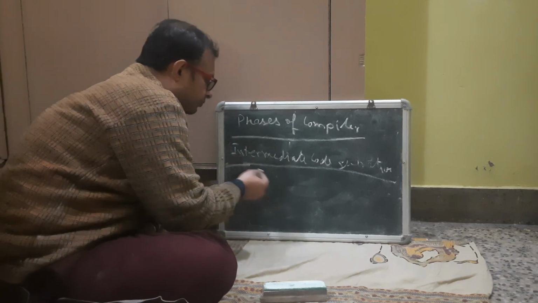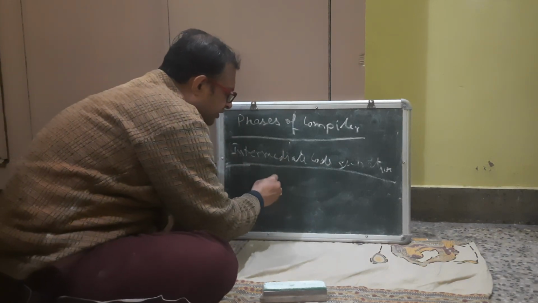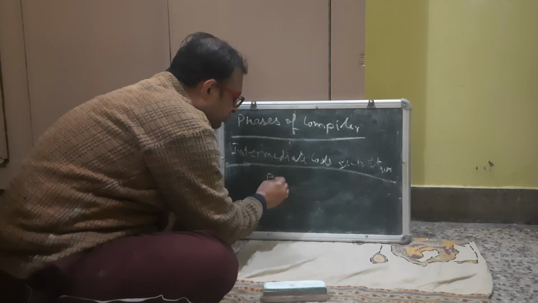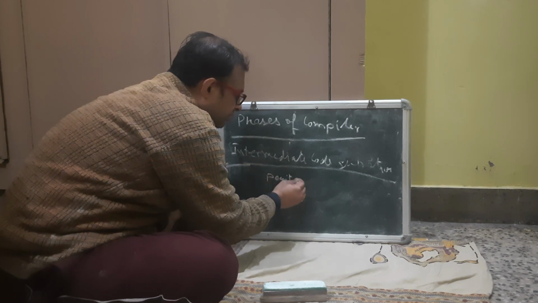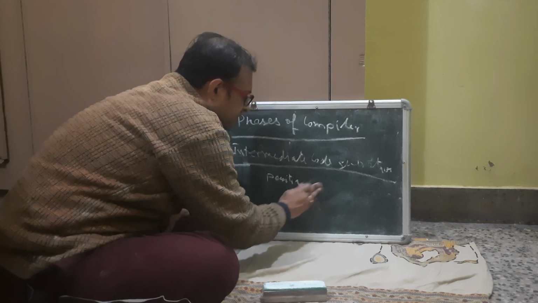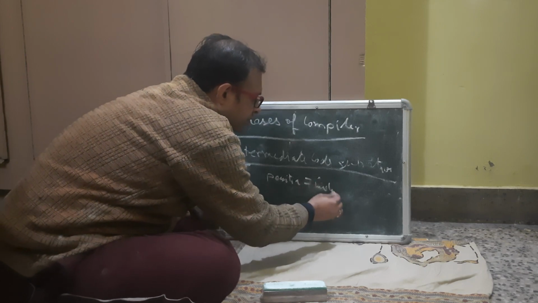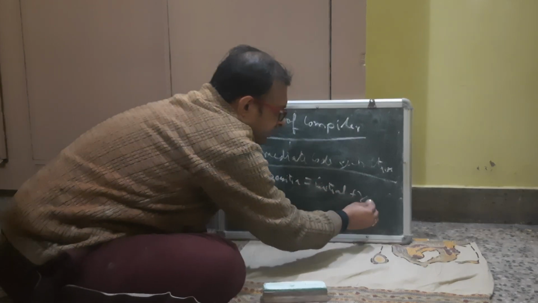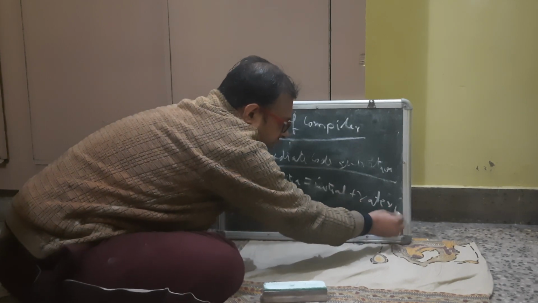So now again consider the statement position equals to initial plus rate into 60, and let us write the intermediate code, which is a 3-address code, for this expression.